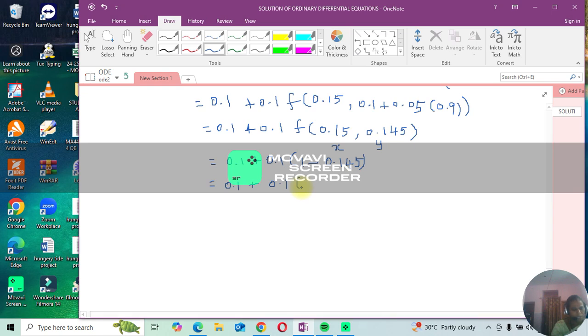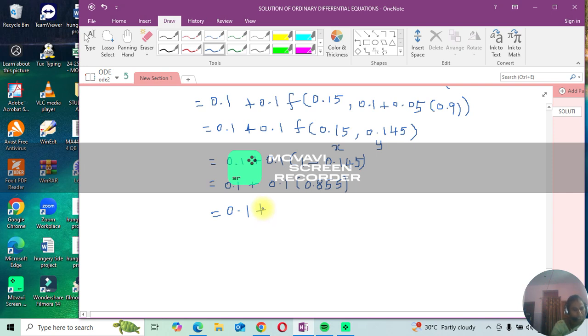1 minus 0.145 is 0.855. So now 0.1 plus, I am multiplying 0.1 and 0.855.